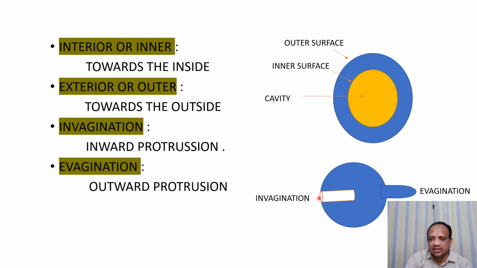Invagination is anything that protrudes inside towards the center, that may be seen in a hollow organ or in a solid organ, that may or may not contain a canal. Whereas coming from outside from the surface is called evagination.